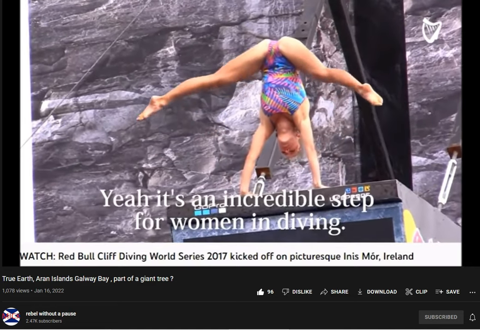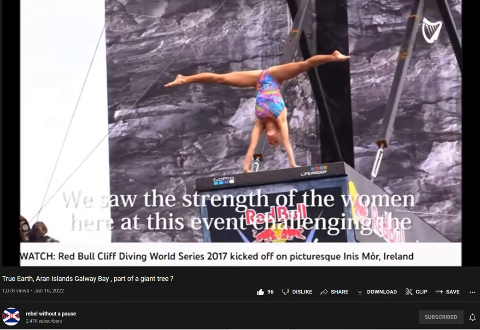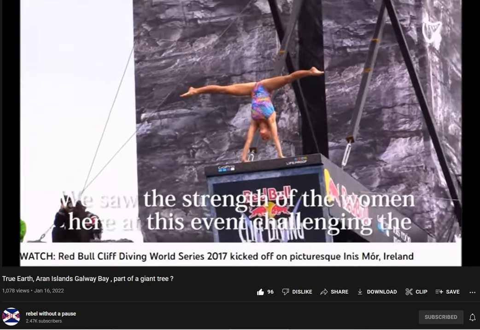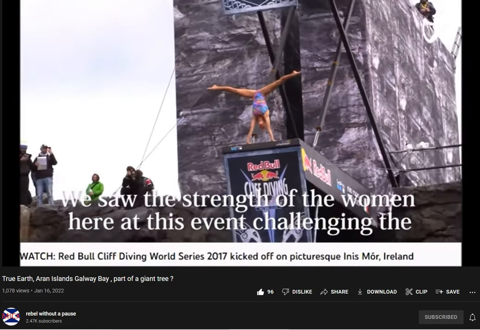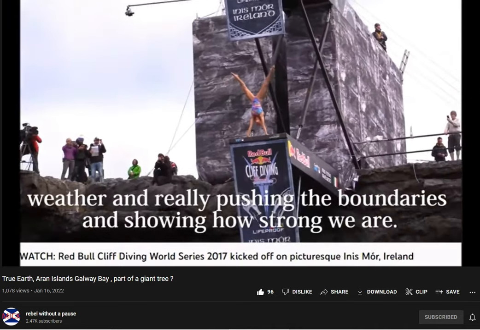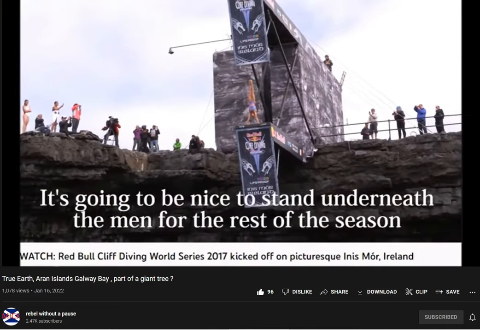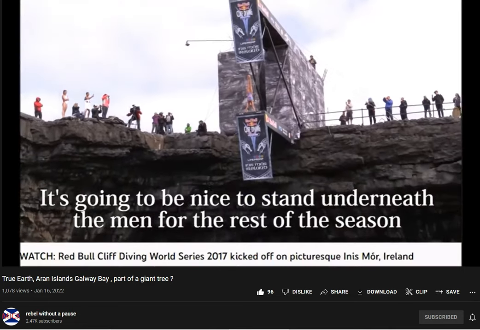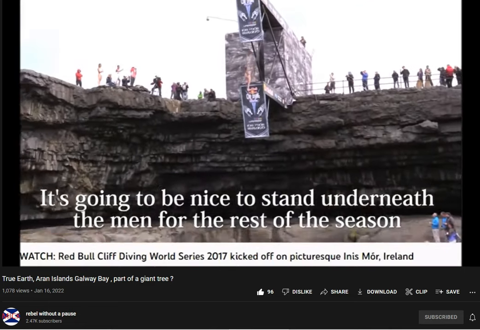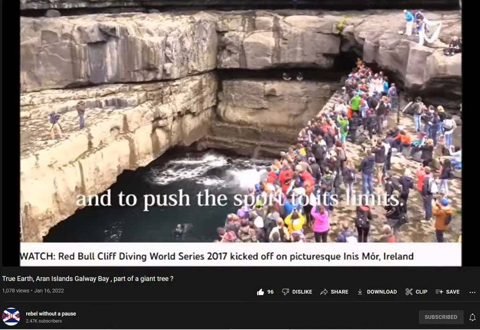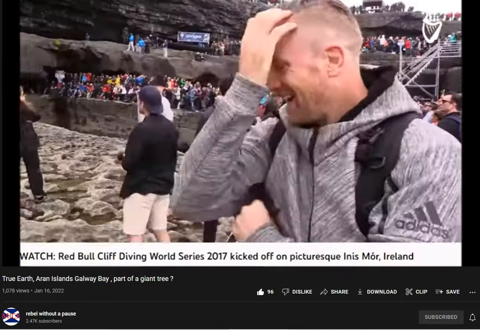Yeah, it's an incredible step for the women diving, and we saw the strength of the women here at this event, you know, challenging the weather and really pushing the boundaries and showing how strong we are. So it's going to be nice to stand alongside the men for the rest of the season and push the sport to its limits.